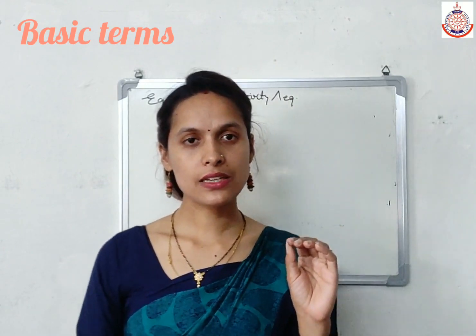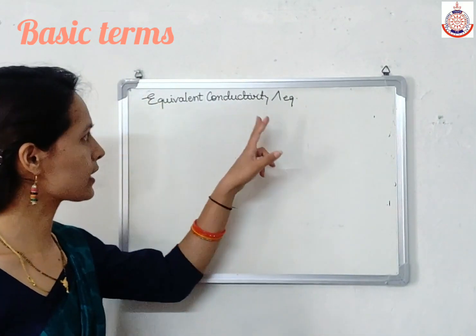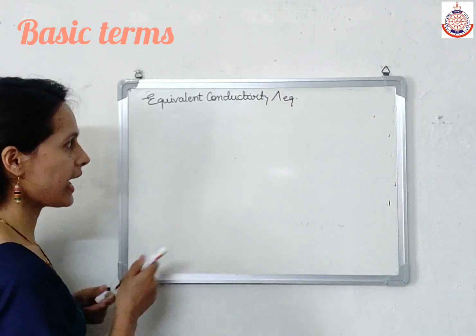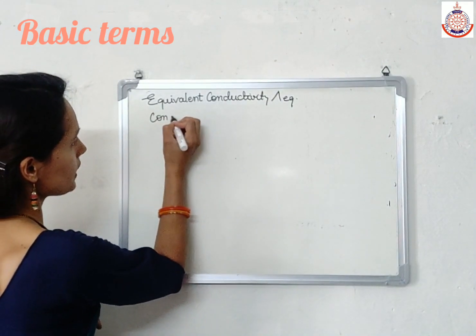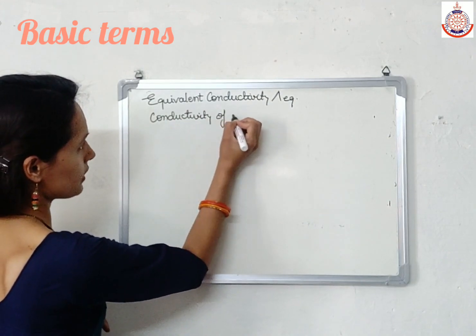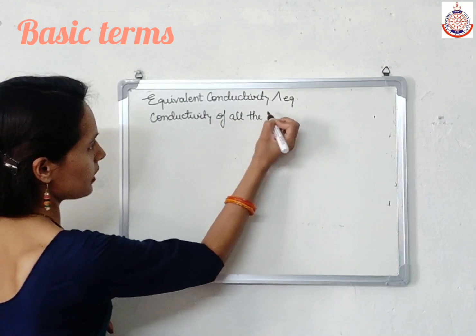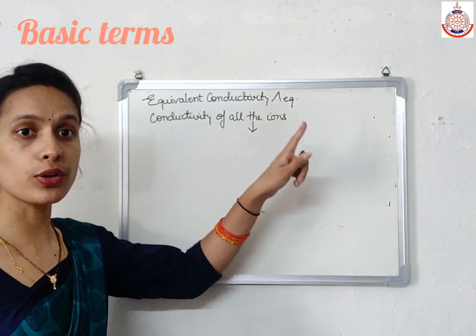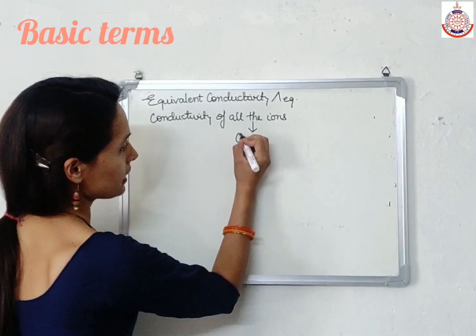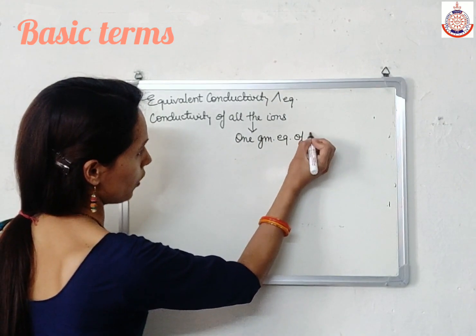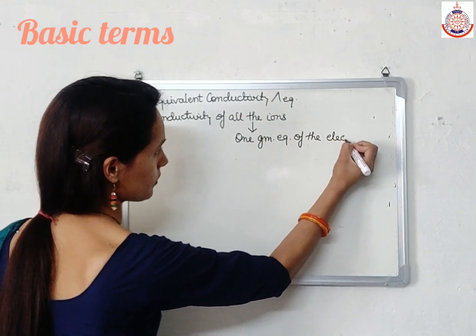Clear? What is equivalent conductivity? It may be defined as the conductivity of all the ions. Now from where do we get the ions? Of all the ions produced from 1 gram equivalent of the electrolyte.